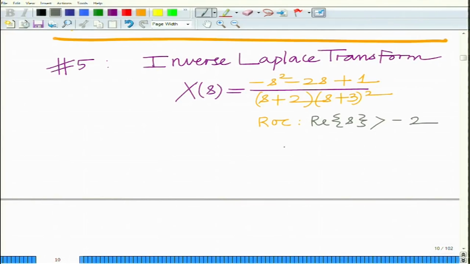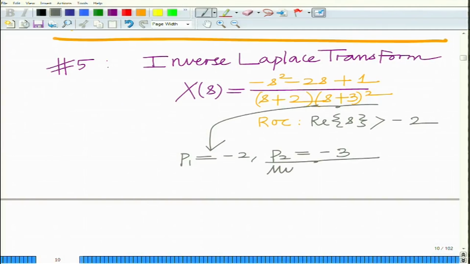Okay. Now remember, we can use this. If you look at (s plus 3) square, this is a multiple pole. The poles are p1 equals minus 2 and p2 equals minus 3, but p2 equals minus 3 is a repeated pole of order 2.